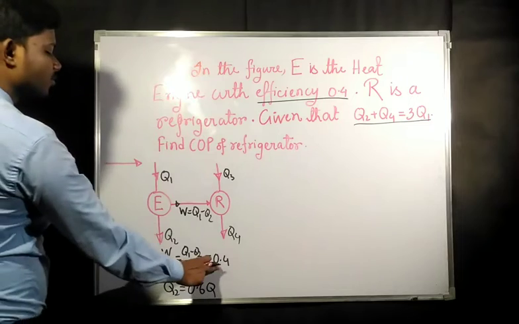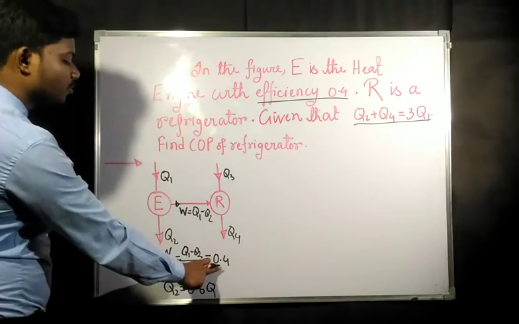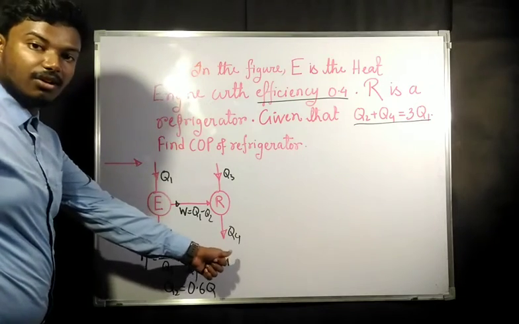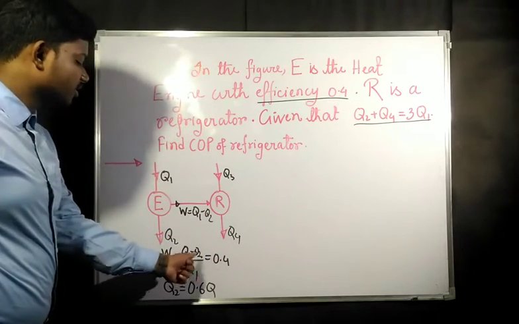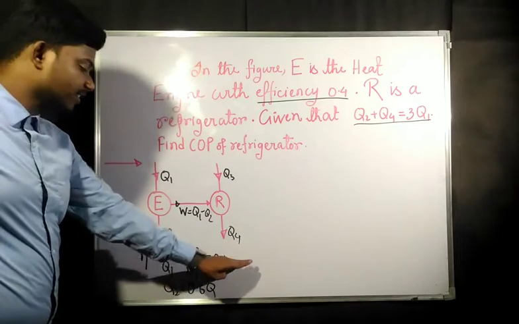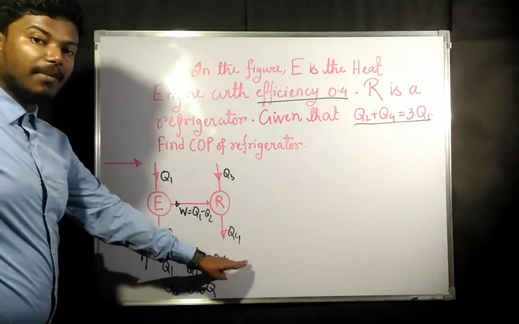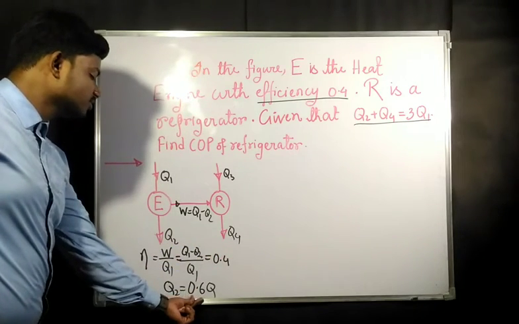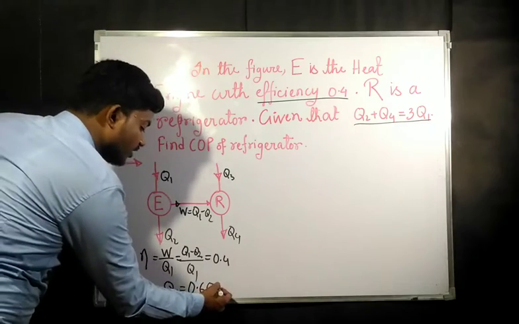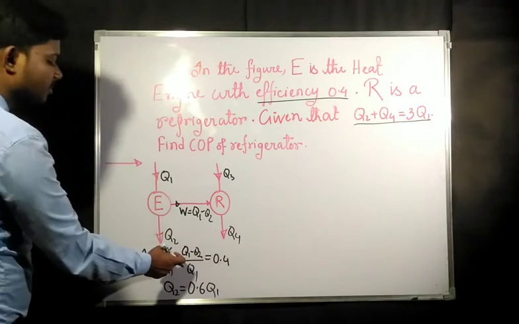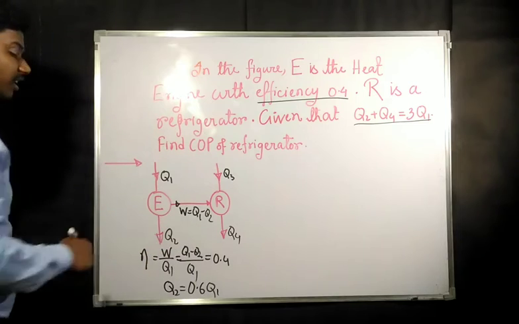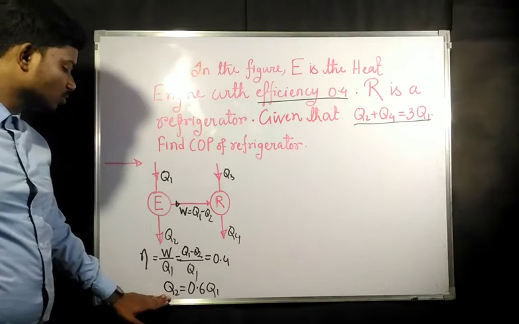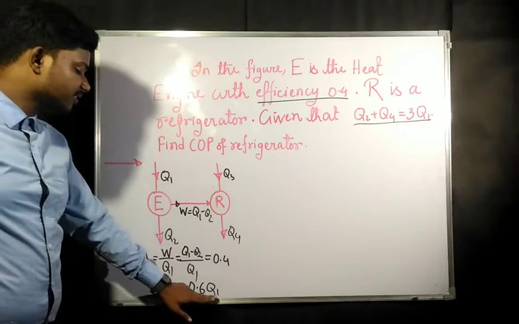Because Q1 gets multiplied here, it will be 0.4 Q1, and there is 1 Q1 left on the other side. When it goes to this side it will be negative, so 0.4 Q1 minus 1 Q1 gives you 0.6 Q1, negative on both sides. Cancelling the negative, the final expression is Q2 equal to 0.6 into Q1.